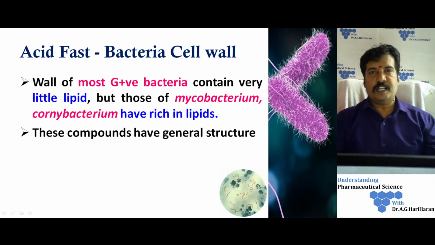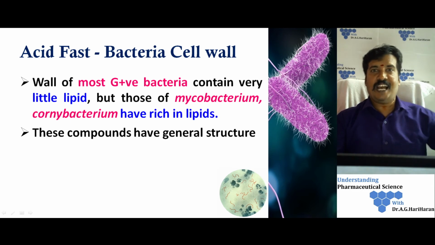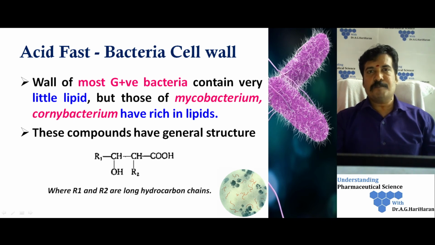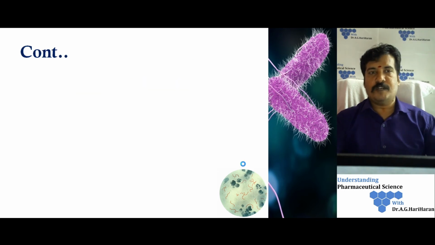Generally the lipids are very low in the gram-positive bacterial cell wall because it majorly contains peptidoglycan and teichoic acid and a small amount of lipid. But the lipid is very high in acid-fast bacteria, and it generally carries a simple lipid structure, CHOH, CHR1 and R2, then COOH, which is hydrocarbon in nature.